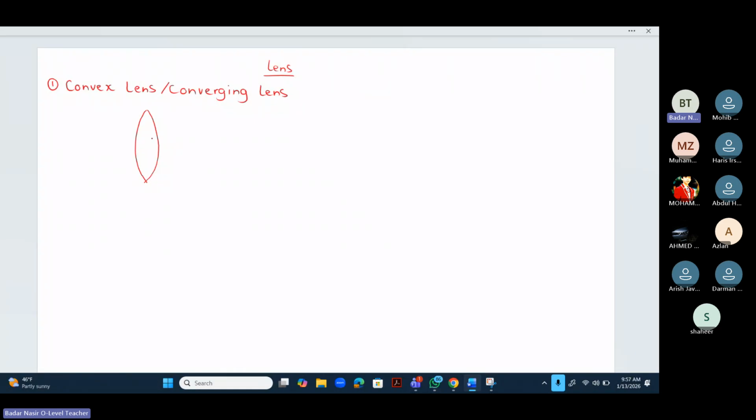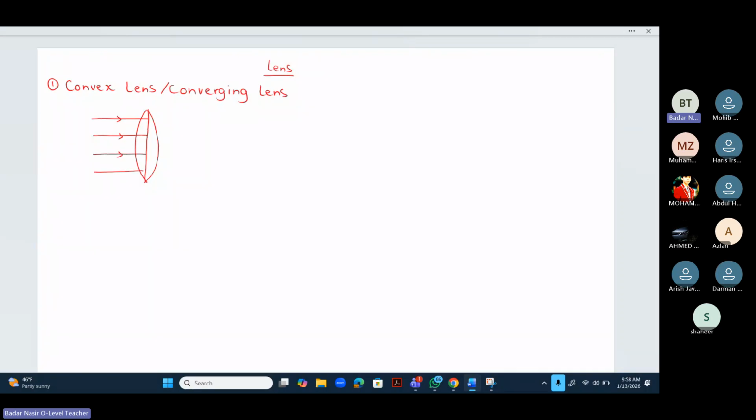Now, what is a converging lens? A converging lens is basically a lens where, when the rays of light are incident on this converging lens, these rays of light are converged at a single point.